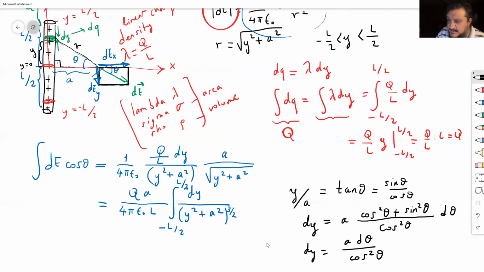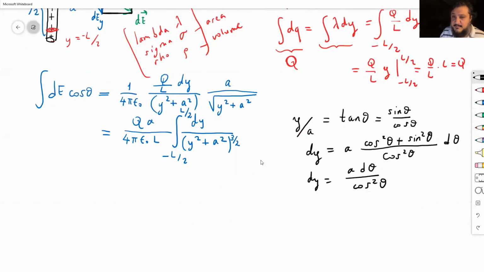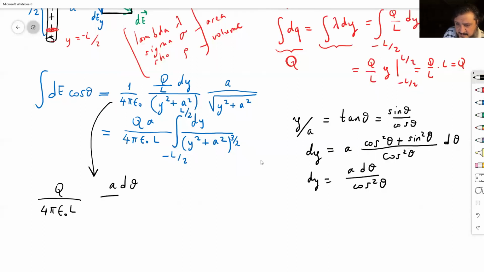Now you could take this and instead of working with y, you can just work with theta, right? So here you have q over 4 pi epsilon 0 L. Now dy is this, a d theta over cosine squared theta.